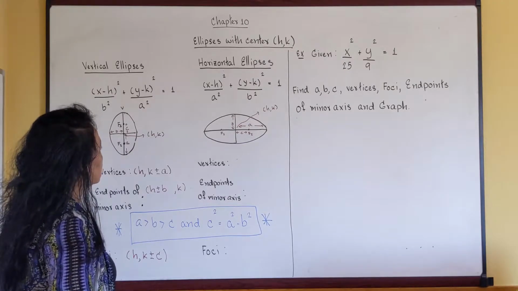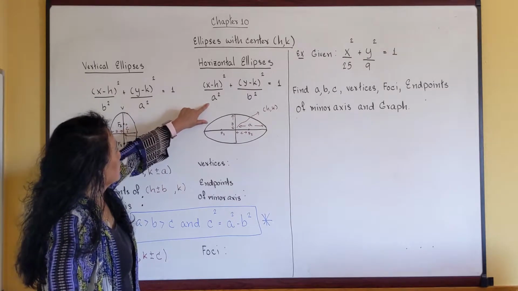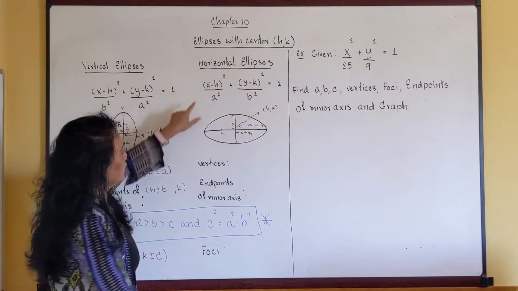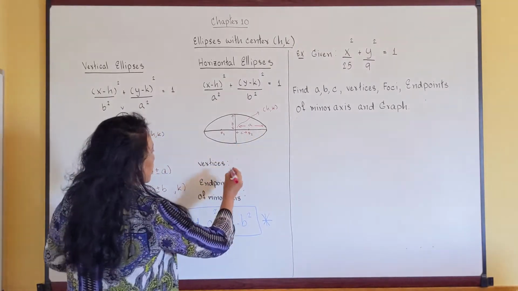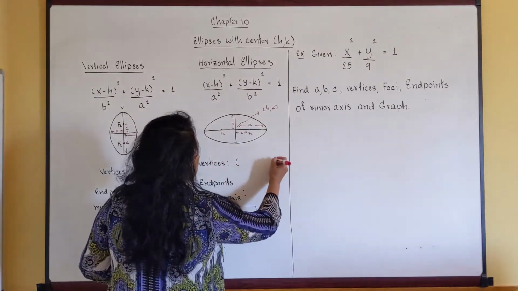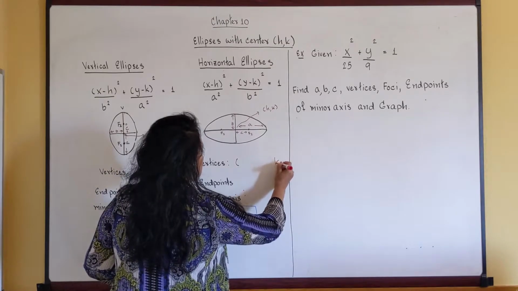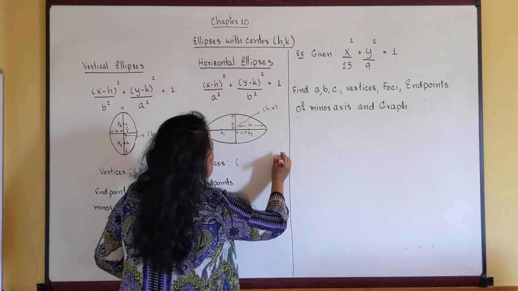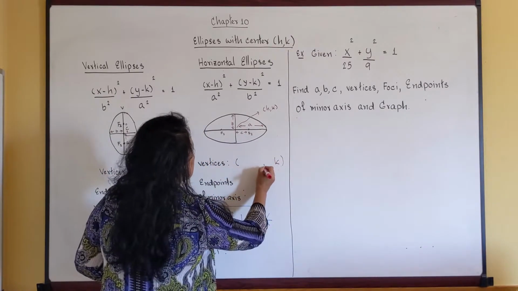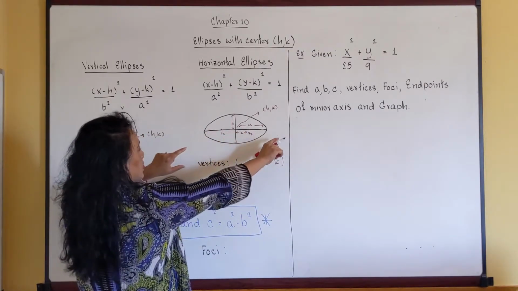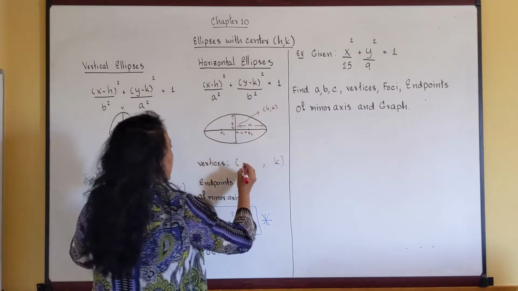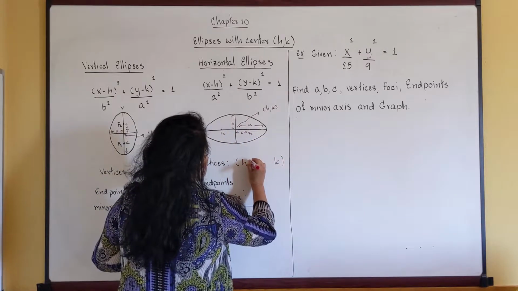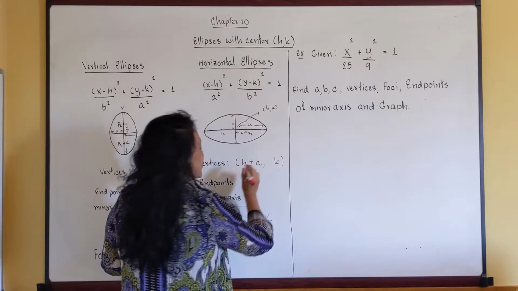Similarly, for the horizontal, A is the longest side with the X. The vertex will be here. So the y coordinate would be the same, which is K, same as the center. The x coordinate will be to the left or to the right, so it's going to be H plus or minus A.